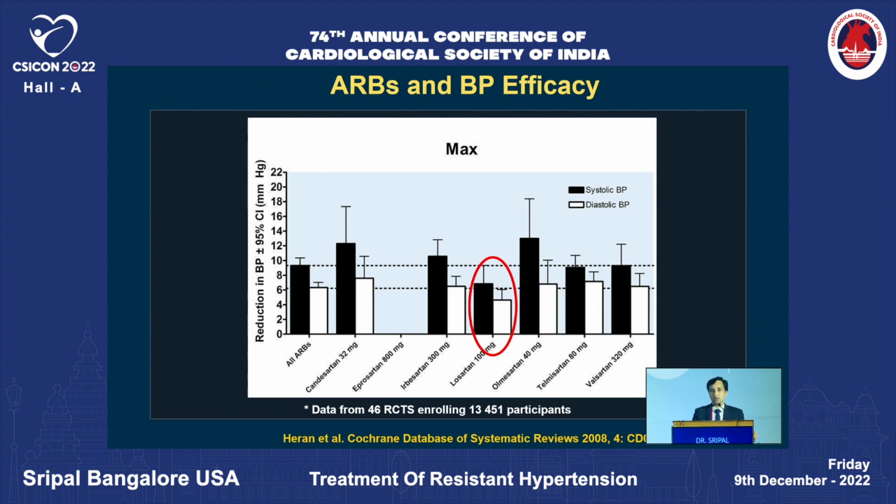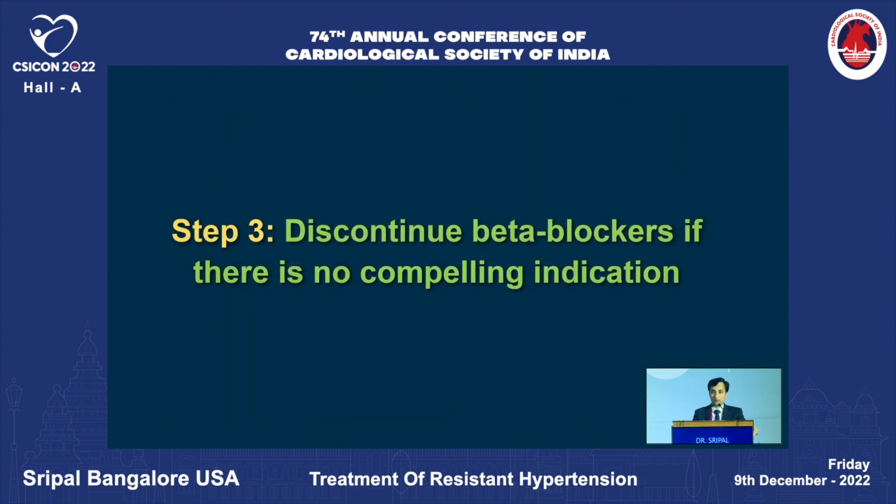As you can see here, many of these patients are on losartan. Losartan is one of the weakest antihypertensive agents, as you can see here. So just by making within-class switches to more potent, longer acting medication, you can see that their blood pressure gets better controlled. That would be the step to see if we can fix this.